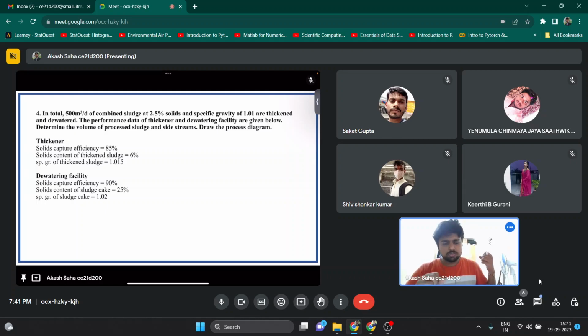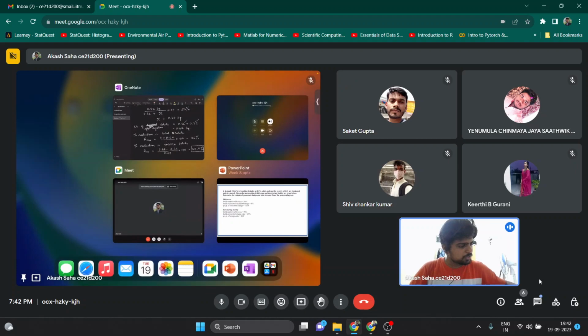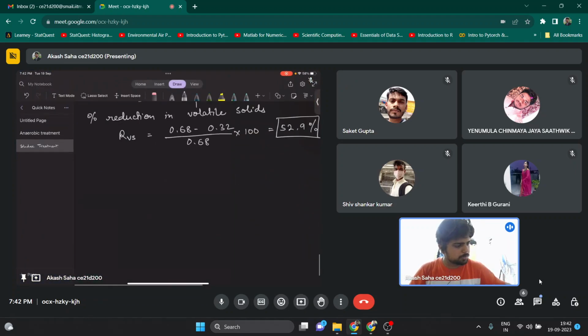So the water should come out as a side stream, and the sludge will move forward to the dewatering facility. You understand my point? We will understand it better once I solve this problem.